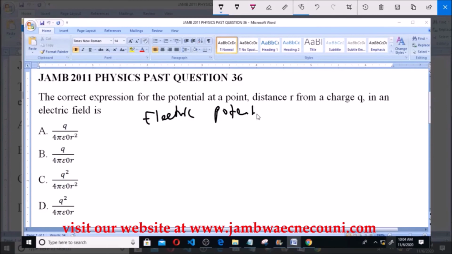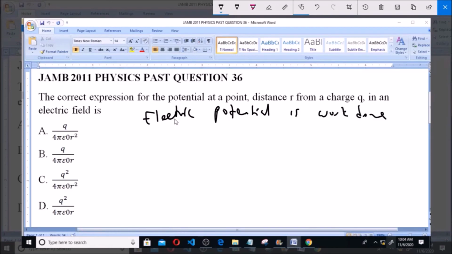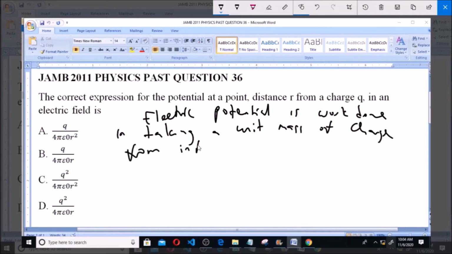Now electric potential is the work done in taking a unit charge from infinity to a particular point.